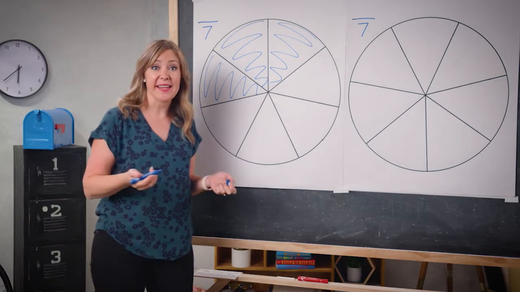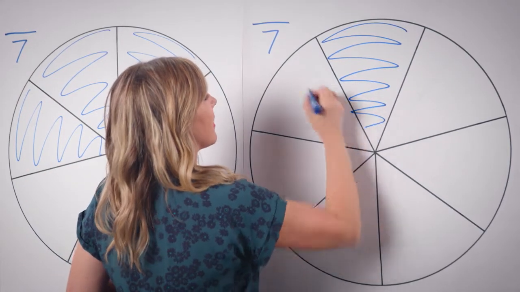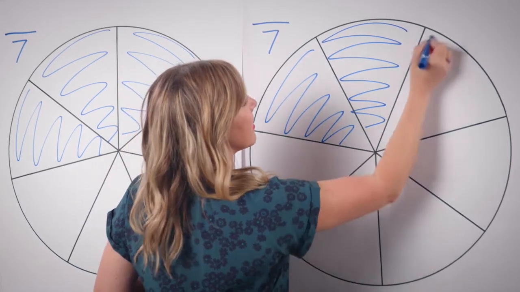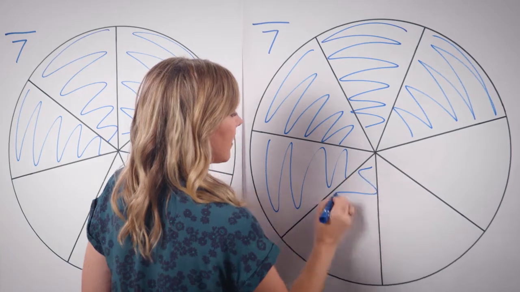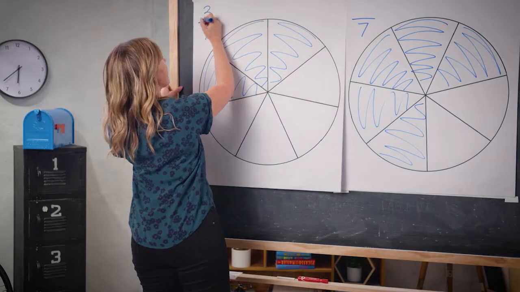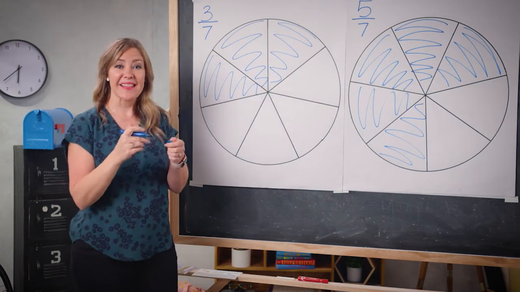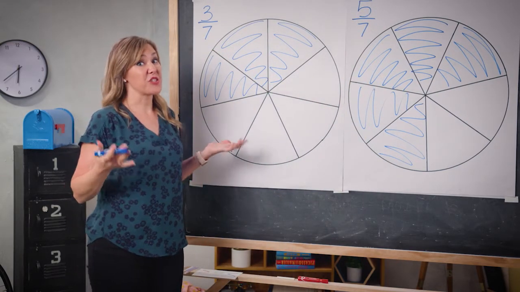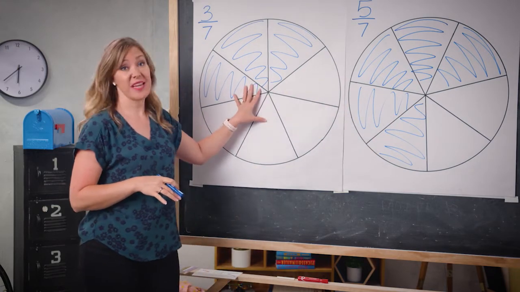So let's shade that in. Okay, so we have 3 out of 7, and we have 5 out of 7. Now let's compare. The model shows us that 5 out of 7 is definitely greater than 3 out of 7.